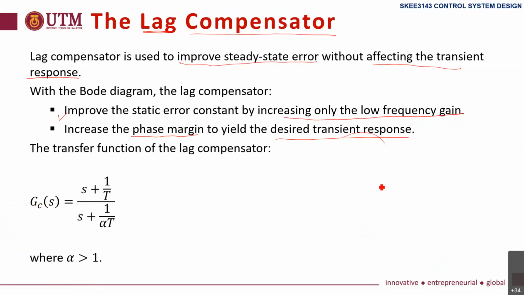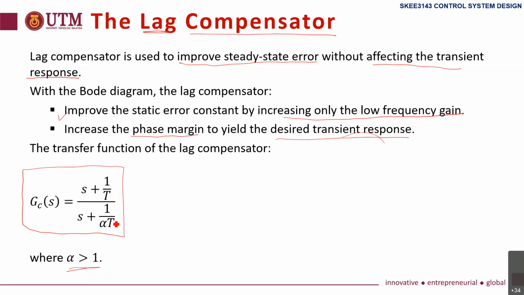When we say lag compensator, this is the transfer function. GC, C here denotes the controller, S plus 1 over T, divided by S plus 1 over alpha T. And alpha here is always greater than 1.